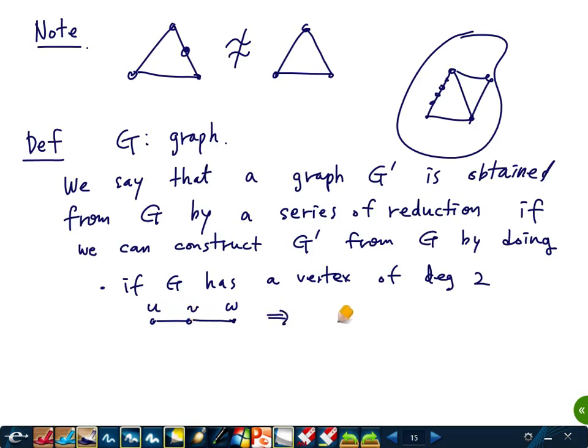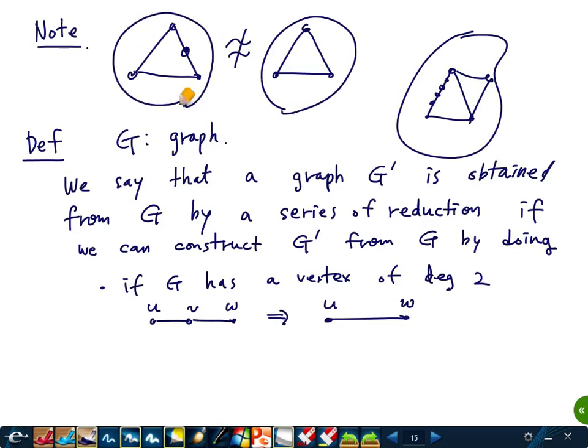And change this into this. Just delete this vertex and two edges, and then connect U and W by an edge. This is our operation. If you can obtain a graph G prime by doing this many times, then we say that G prime is obtained from G by a series of reduction. For instance, this is obtained from this by a series of reduction, because we just delete this dot and connect this, keeping the edge.